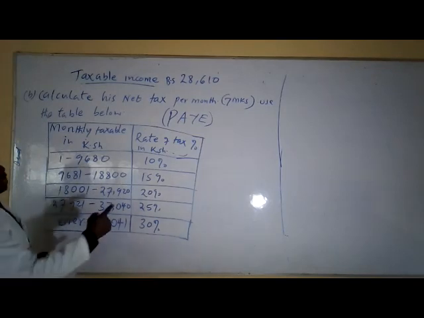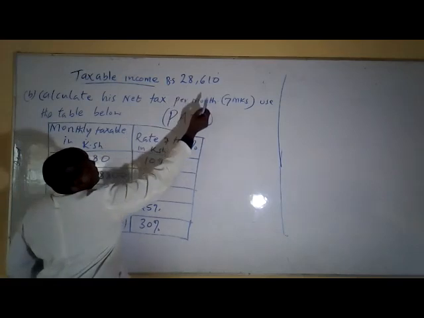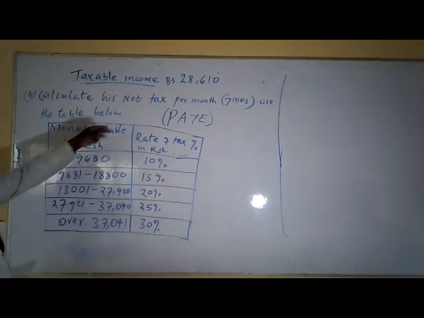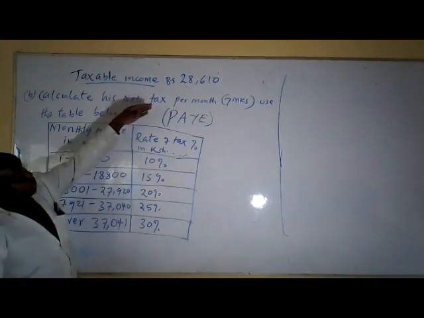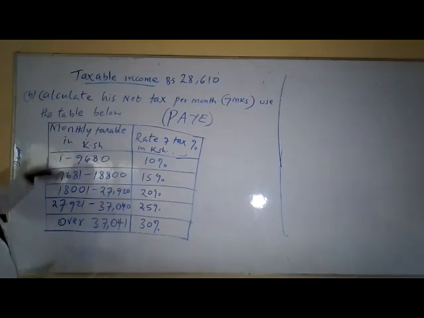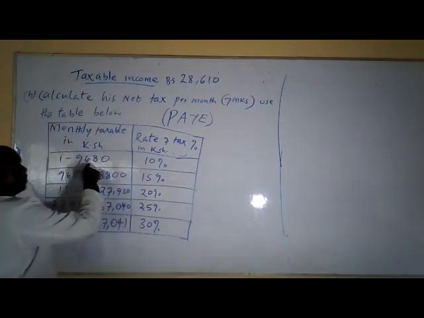Remember, our taxable income is Kenya shillings 28,610. So we start by using the first band, because our taxable income is more than 10,000.